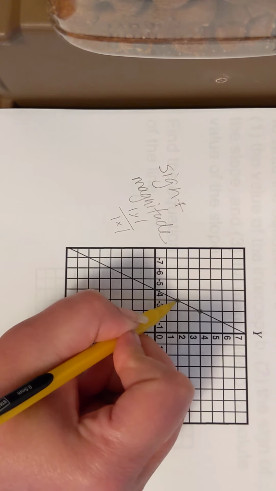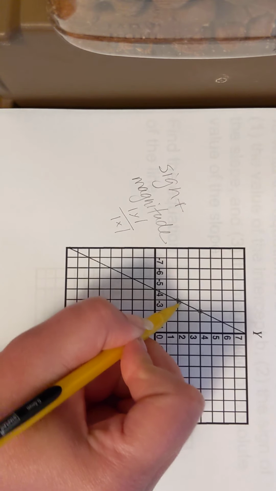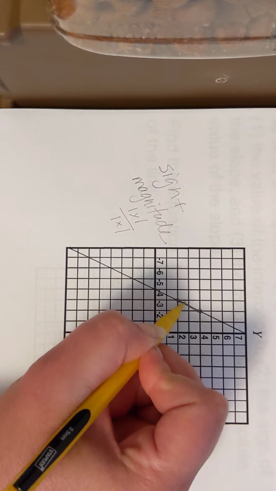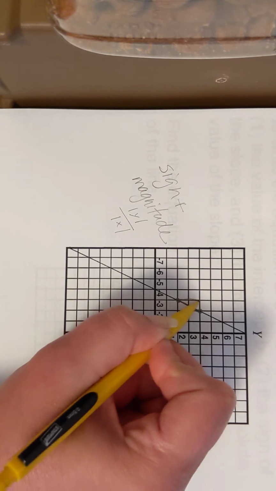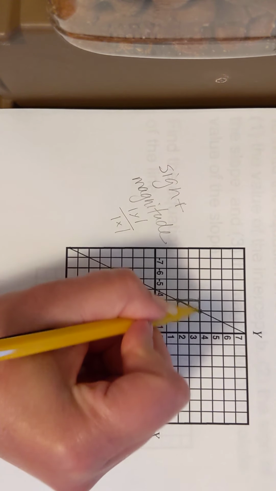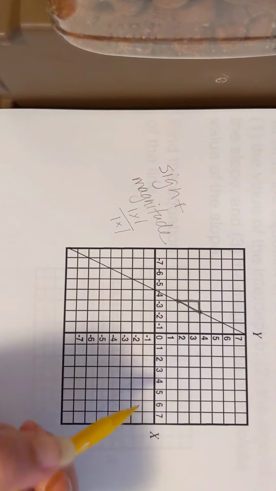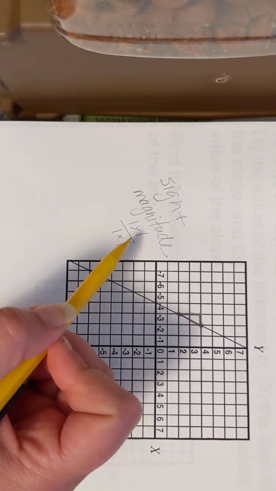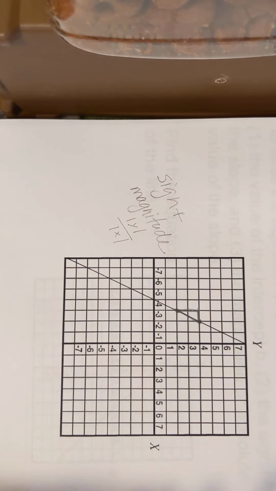From those 2 points, I'm going to make sure I have a triangle that's drawn. Here's one side of the triangle, here's another side of the triangle, and here's the third side of the triangle. Then let's look at the change in y. Sorry, my dog is helping me do my math videos.